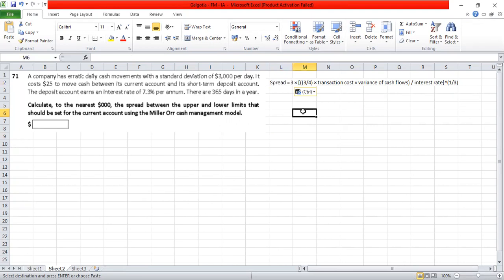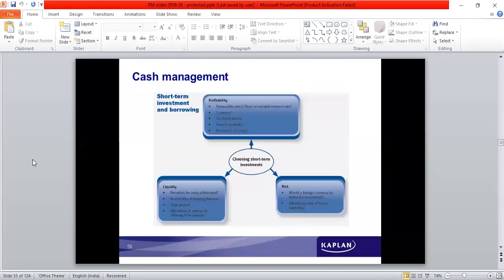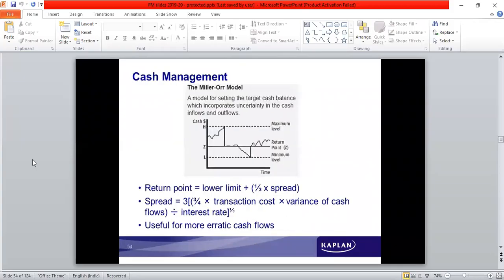What is the formula for spread? Spread is equal to 3 into cube root of 3 by 4 into transaction cost into variance of cash flows divided by interest rate, whole to the power of 1 by 3. So we need to define all these things. We need to know what is transaction cost, what is variance of cash flows, these things have to be understood. So let's define them.